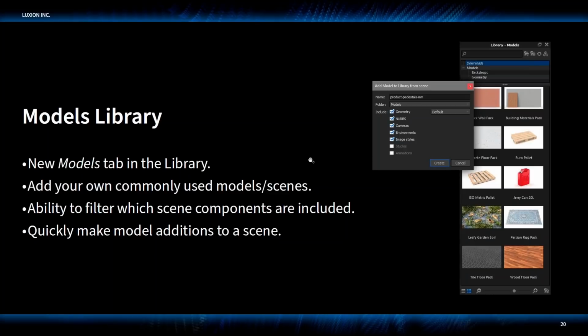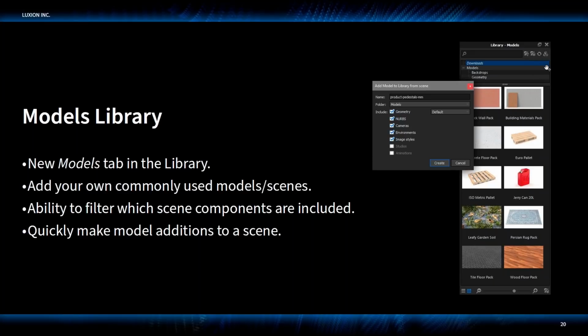All right, moving on. The next feature that I'd like to talk about is the models library. So there is a new models tab that you'll find in the library in KeyShot 9. You can add your own commonly used models or scenes by clicking this little button up here in the right corner.